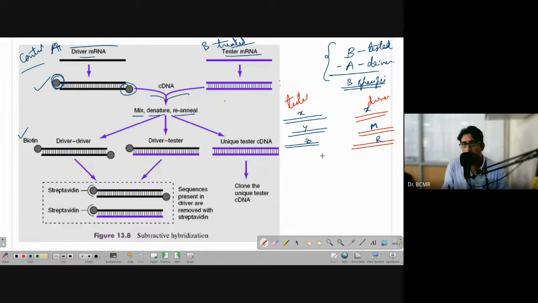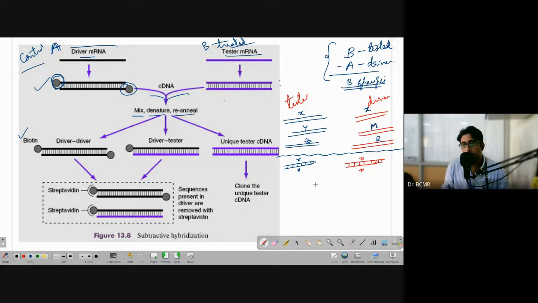Now we have mixed them, denatured and allowed reannealing. What would happen in that case? What are the possibilities? We should see the possibilities, right? X from the tester can find another X from the tester and base pair like this. That is a possibility. There is also a possibility that the X from the driver can find its complementary pair and bind like this.